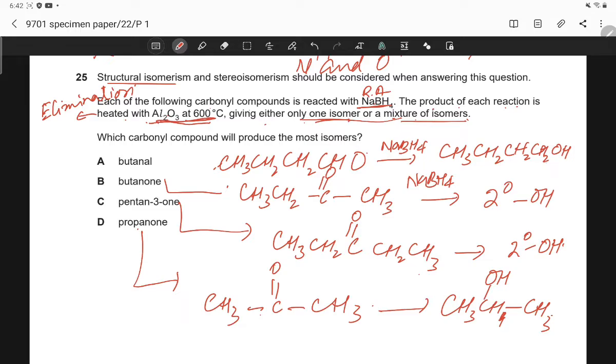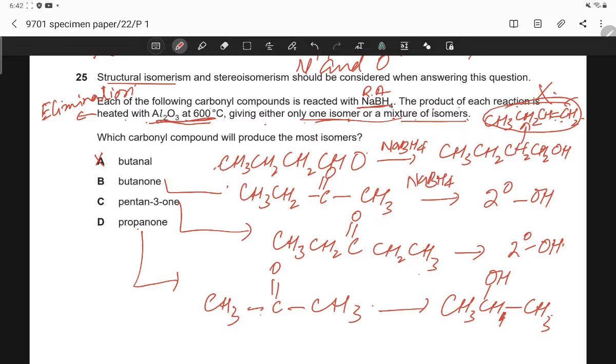When this elimination reaction occurs, this is CH3, CH2, and CH double bond CH2. This is not correct. This is incorrect because this is 1, 2. Two isomers are formed.